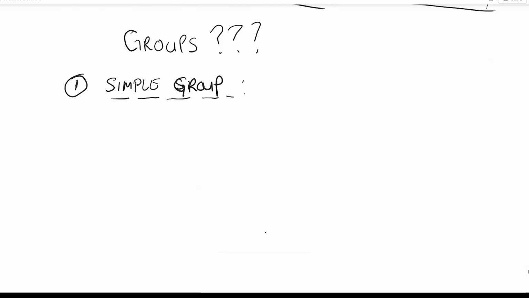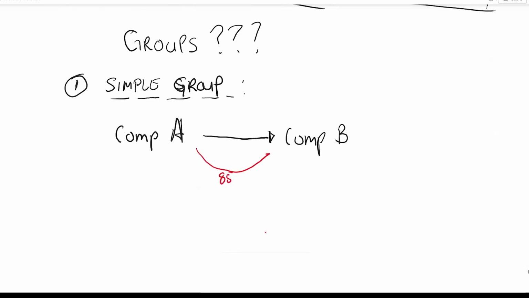Let's say, for example, we have company A, right? So company A purchases interest or shares. So they obtain shares in company B. All right, so what happened here? Let's say, for example, they purchased about 85% shares.